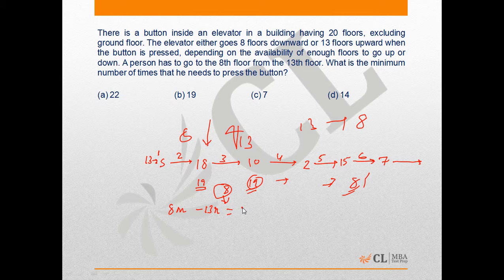The difference has to be 5, because a difference of 5 will ensure the person ends up at the 8th floor. The elevator goes 8 floors downward and 13 floors upward, so their difference will give us 5. When it gives us 5, our task would be accomplished.